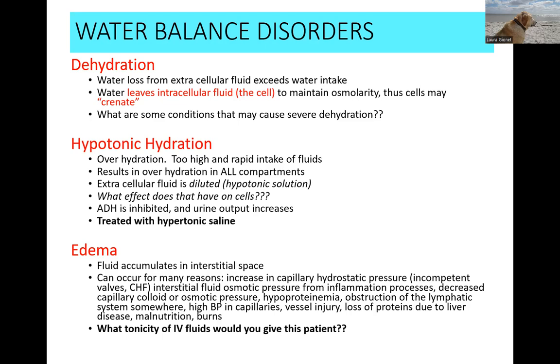We may have inappropriate amounts of albumin in plasma to maintain an osmotic gradient. That could be due to liver disease. It could be due to renal disease where we're losing proteins in urine. There are all kinds of reasons. It could be due to burns because we denatured lots of proteins.